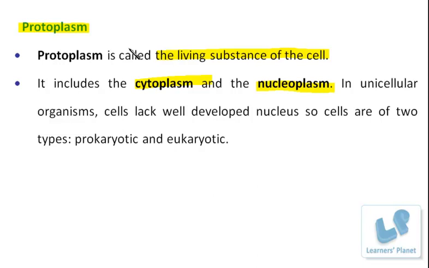And further, when evolution or development occurs, we see cells where the genetic material is separated from the cytoplasm through a boundary. As this boundary comes in between, it is known as the nuclear membrane, and the matrix filled inside this boundary is now known as the nucleoplasm. So there is no need for confusion here.